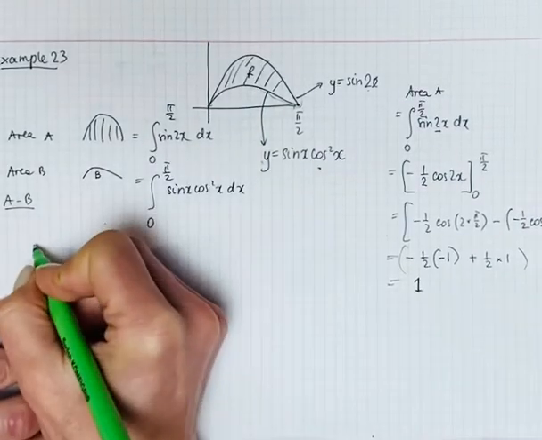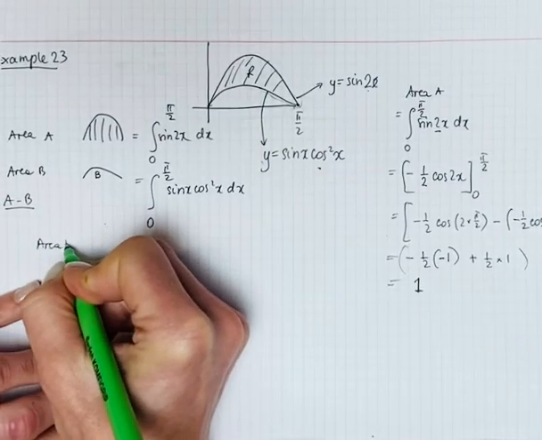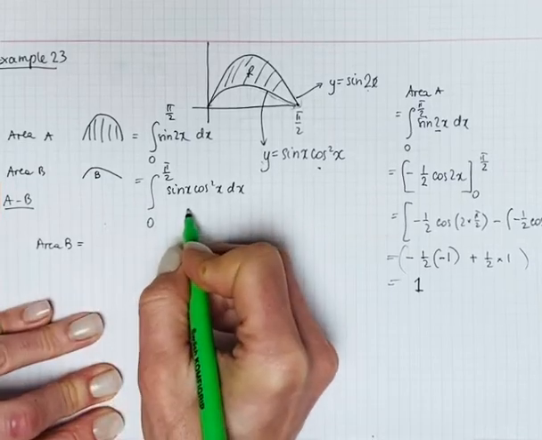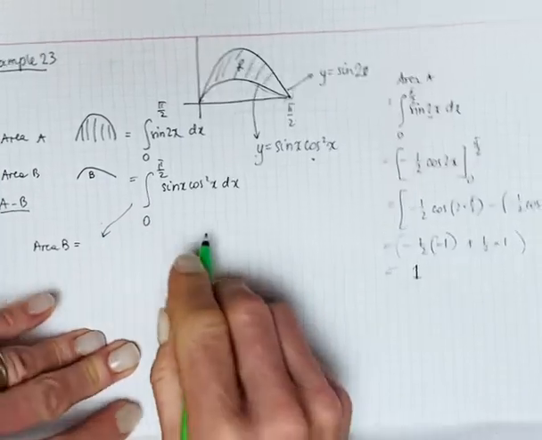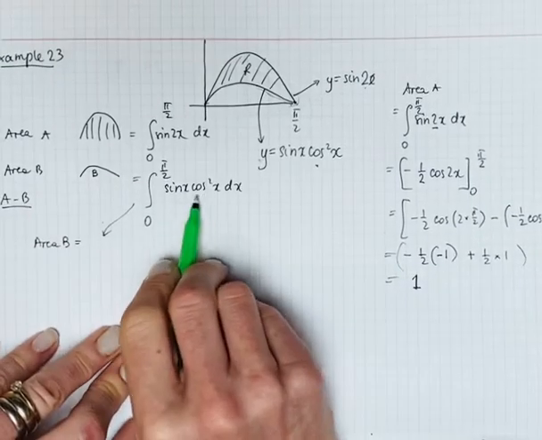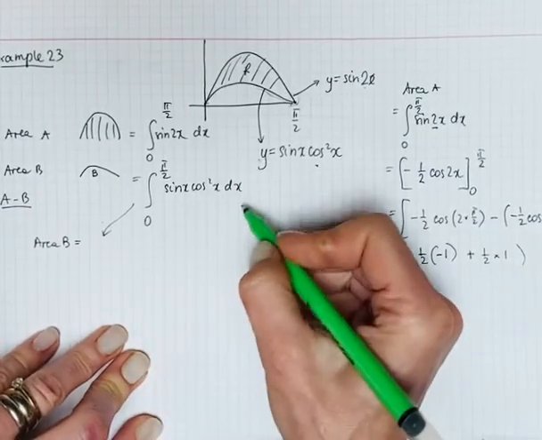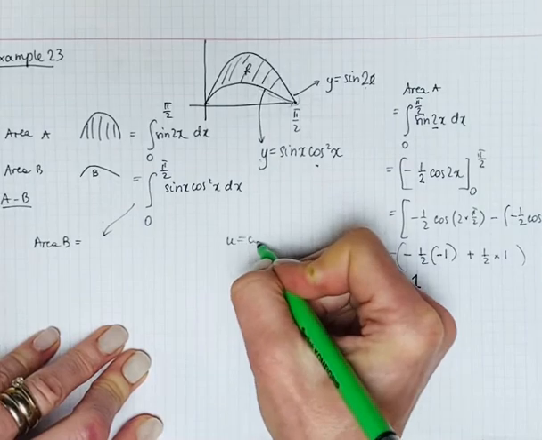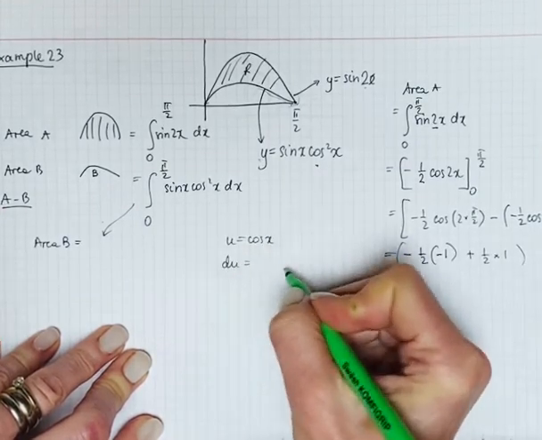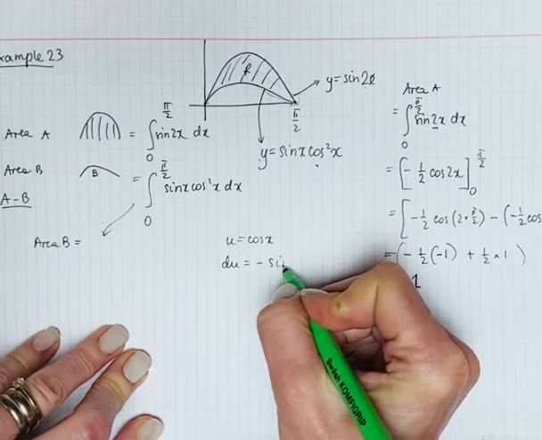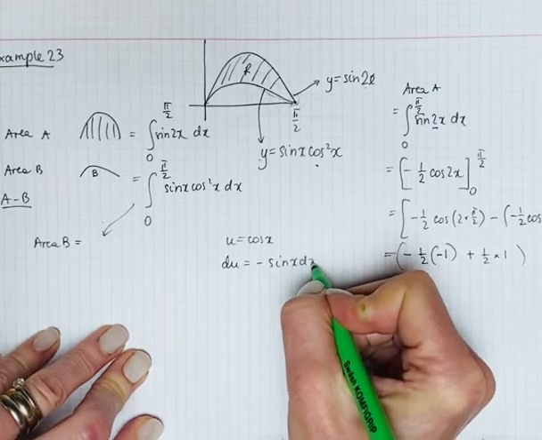So let's look at area B. This time we've got to integrate this function here. So let's use substitution. So let's replace cos with u, because that's the one that gets higher power. So du is minus sine x dx.